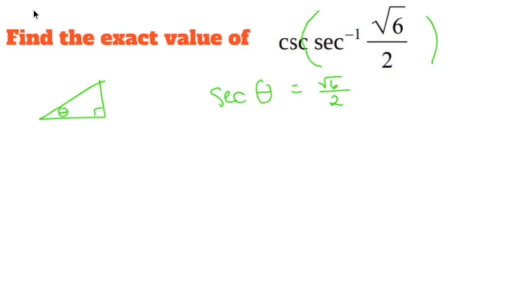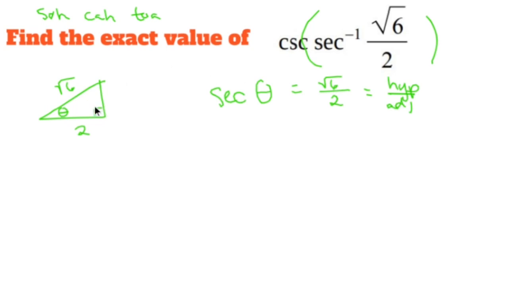What is secant? Well, let's think SOHCAHTOA. Secant is the inverse of cosine. So if cosine is adjacent over hypotenuse, then secant is hypotenuse over adjacent. Root 6 is the hypotenuse, so let's draw that out. Adjacent means right next to it, that's 2.